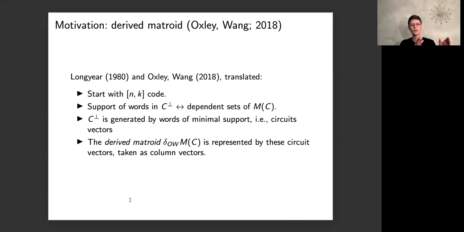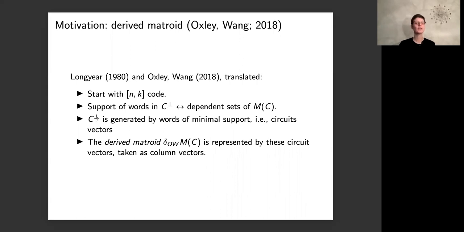So that means that in order for the columns of my code to be dependent, there is a vector that I can multiply with this matrix that gives me the coefficients of the dependence relation between the columns. And this correspondence between the support of words in the dual code and dependent sets of the matroid that's represented by this code is a well-known thing.